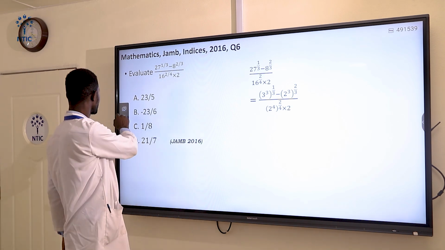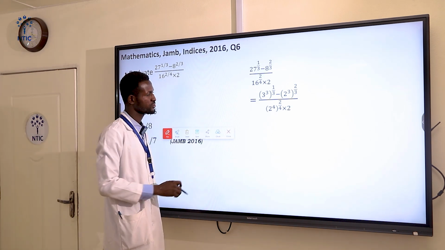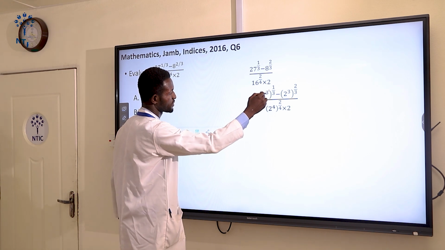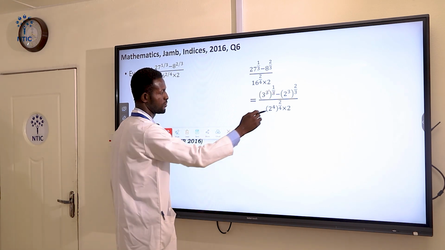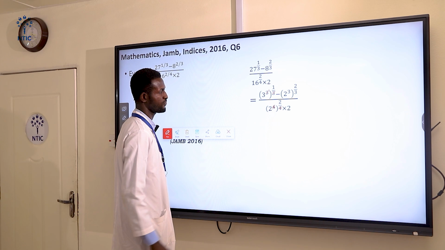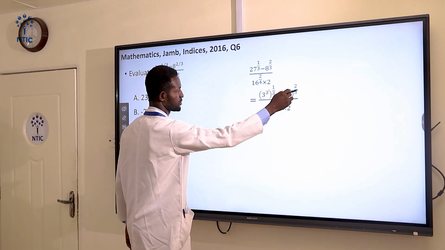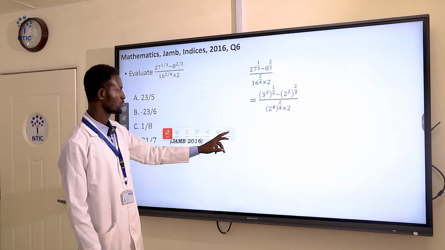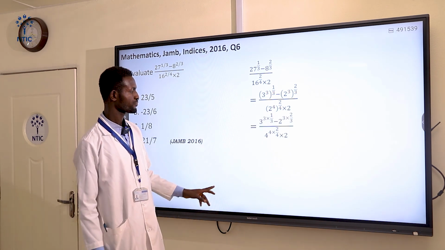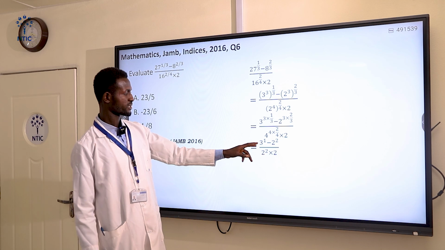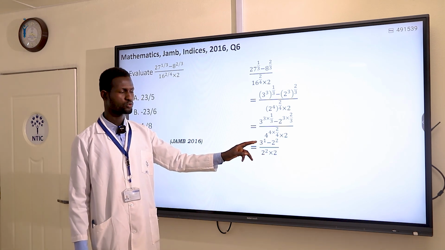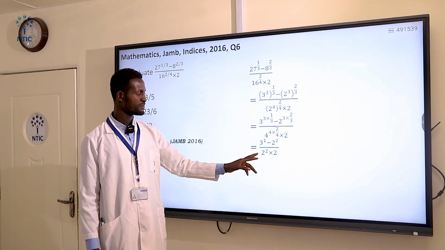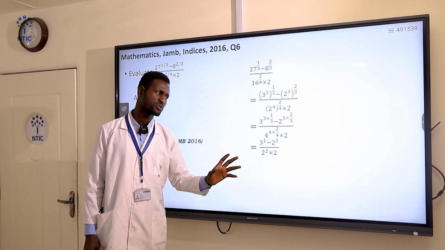Then some terms can cancel out. 3 will cancel 3, 4 divides 4, 3 divides 3. Then we'll be left with 3 raised to power 1 minus 2 raised to power 2 divided by 2 raised to the power 2 times 2.